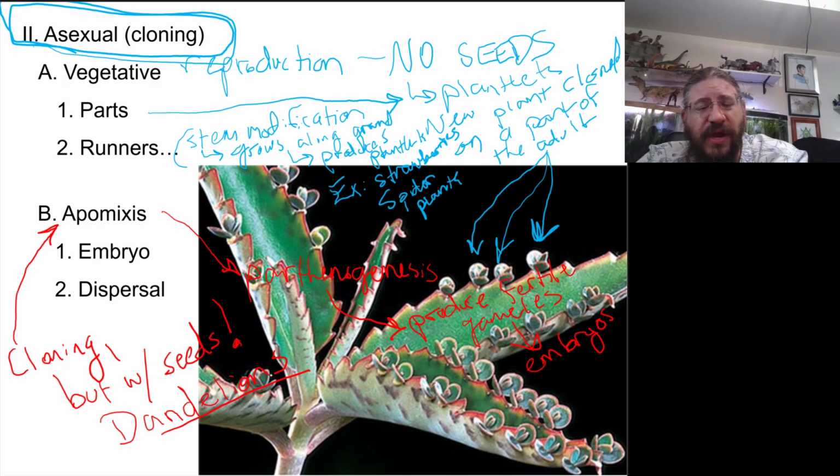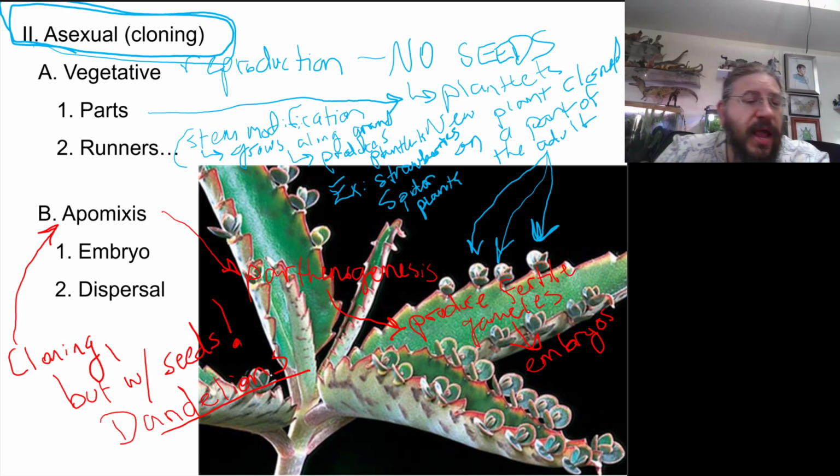This is different from parthenogenesis in vertebrates like snakes, Komodo dragons, whiptail lizards, that sort of thing. This is a fundamentally different type of parthenogenesis. This one is true cloning. You're getting identical offspring. But what's the advantage of seeds?